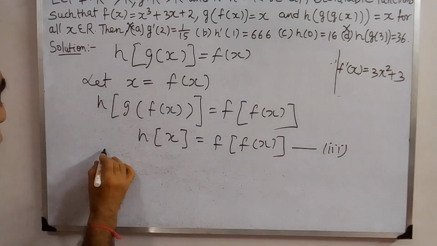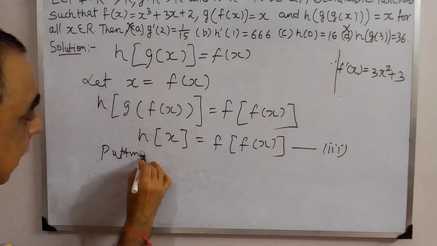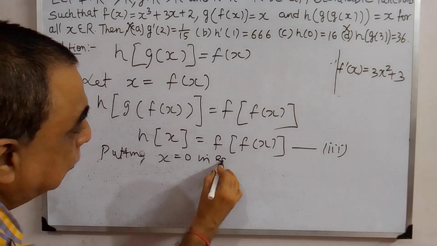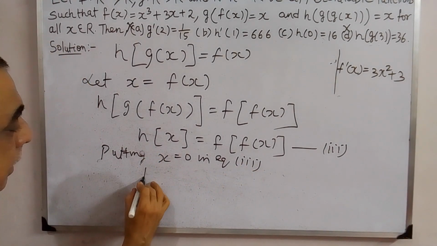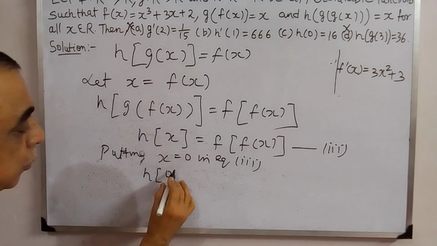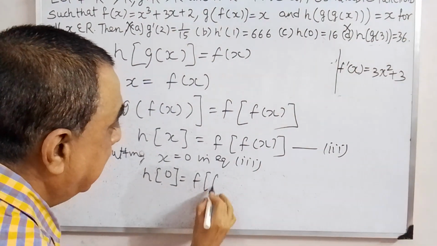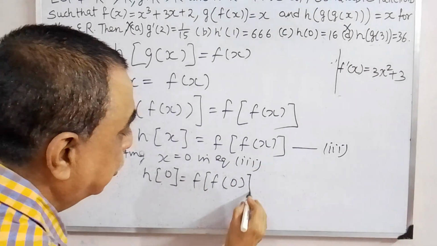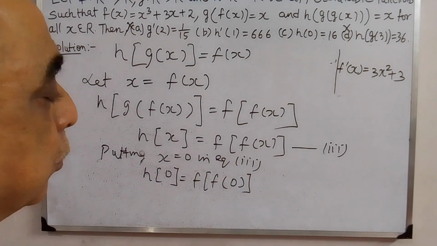Putting x equal to 0 in equation number 3, what will I get here? The x value is 0, so this will become f of f, and here also in place of x I will put 0. So this will become f of f0.